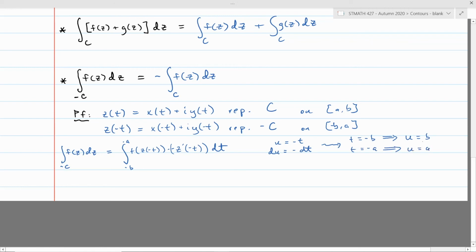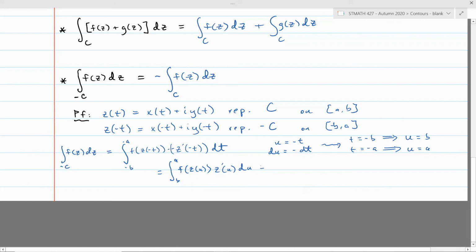So if you make that substitution, this integral becomes the integral from positive b to positive a of f of z of u, and then the negative times the dt becomes du, and so you get z prime of u times du. I want you to notice that the negative in front of the z prime got absorbed by the negative, du equals negative dt.